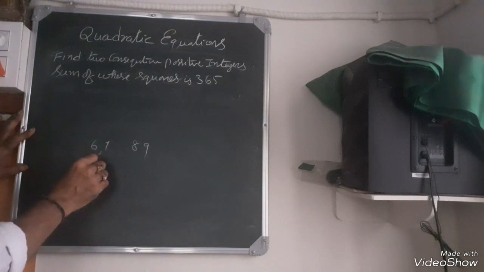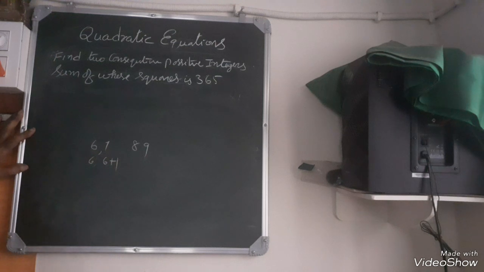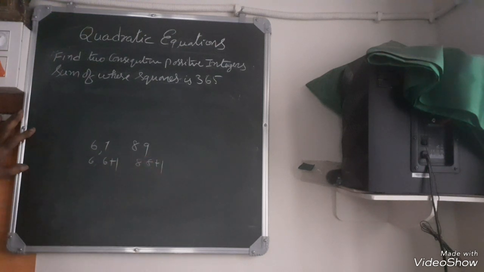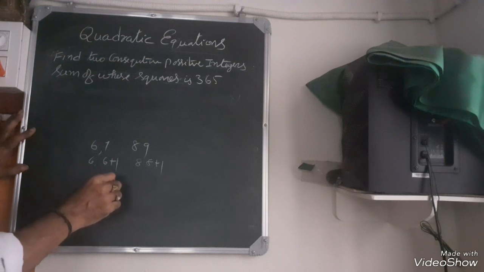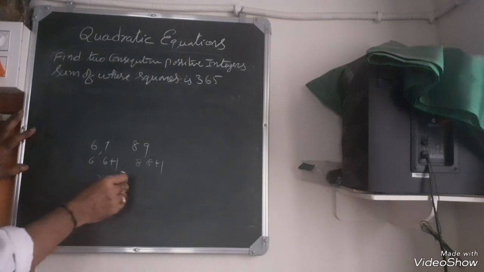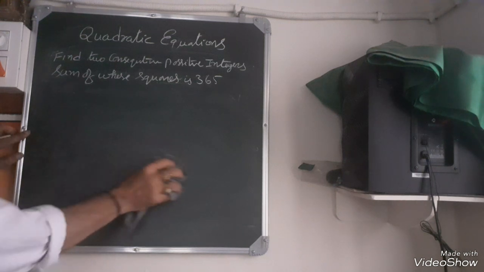If the first one is 6, the second one is 6 plus 1. If the first one is 8, the second one is 8 plus 1. So if the first one is x, the second one is x plus 1. So let us take x and x plus 1.